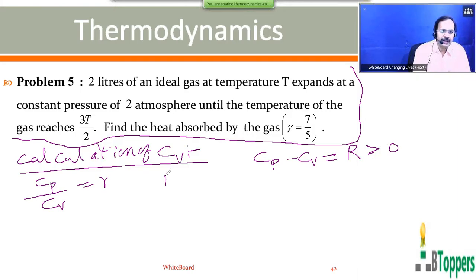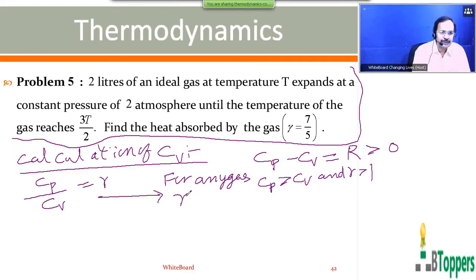That means for any gas, Cp is greater than Cv and gamma is greater than 1. So from Cp by Cv equal to gamma, you can write Cp equal to gamma times Cv. So this relation, as I told you earlier, is called Mayer's relation.